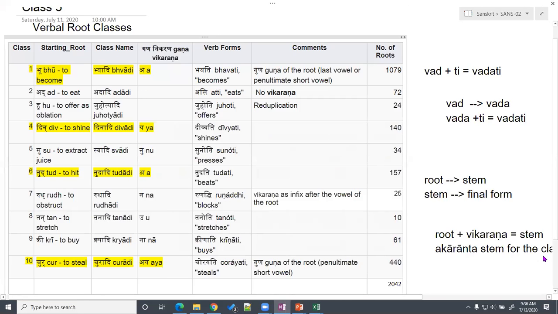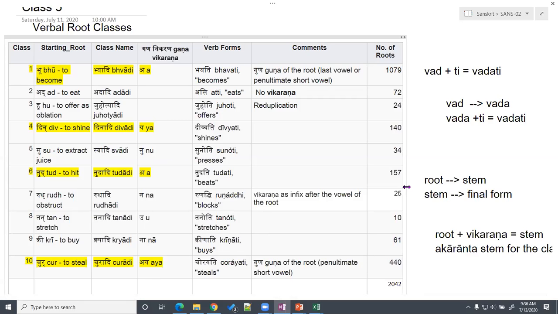Particularly when the stem is akaranta, adding the final forms is really easy. That's why these 4 classes are considered special cases, simply because they make it very easy. Once you understand how to make the stem, making the final forms is very, very easy.